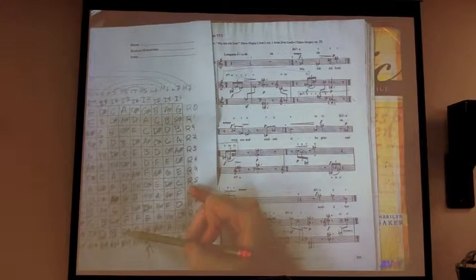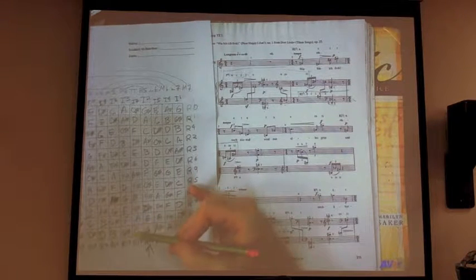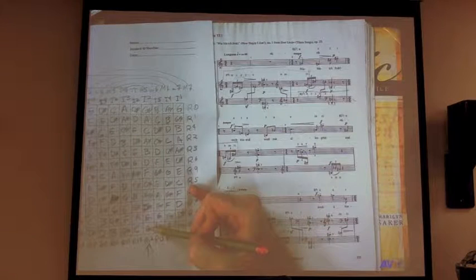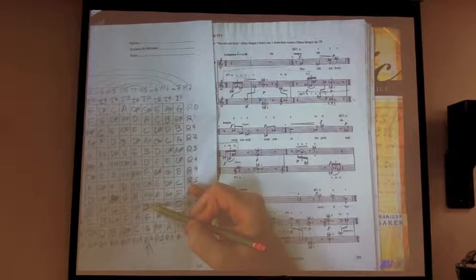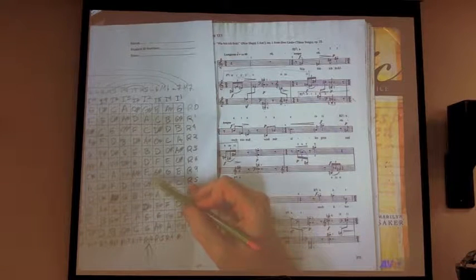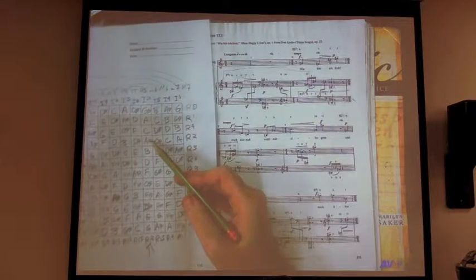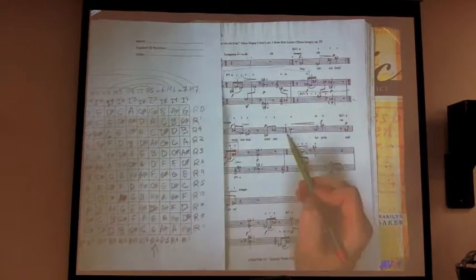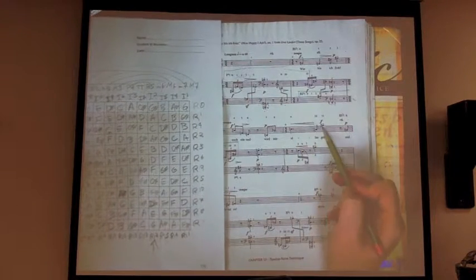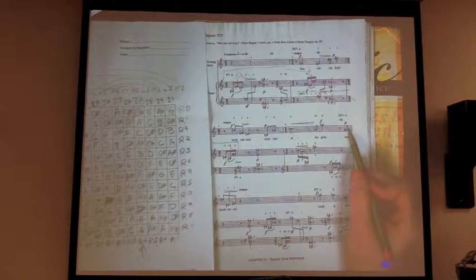So we've got G sharp. Oh wait, I'm on the wrong one. G natural. There you are. So G, E, D sharp, F sharp, and C sharp, F, D. Oh, there we go. So B, A sharp or B flat, C, A, and G sharp.